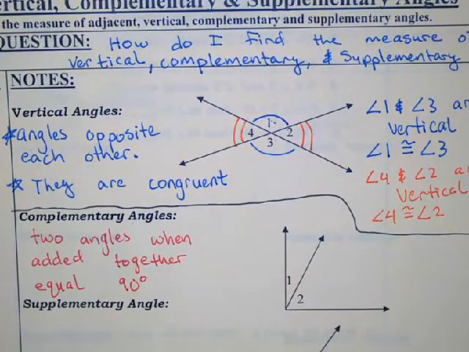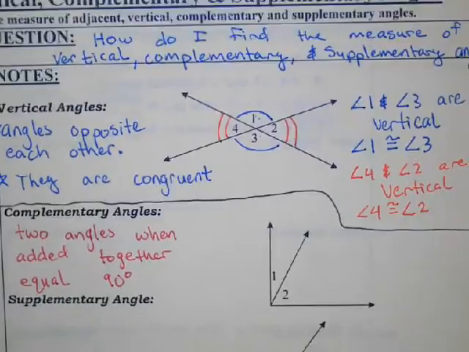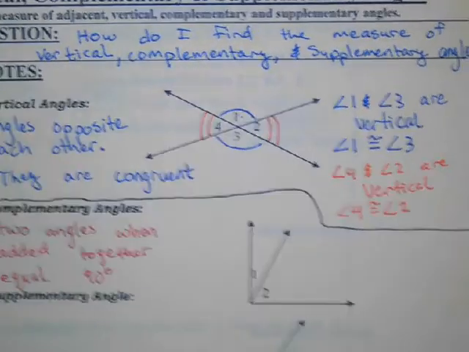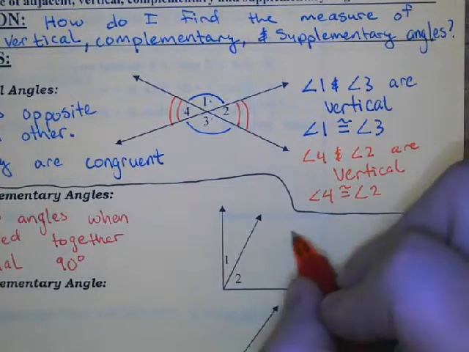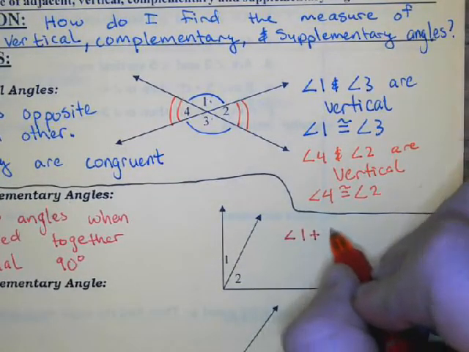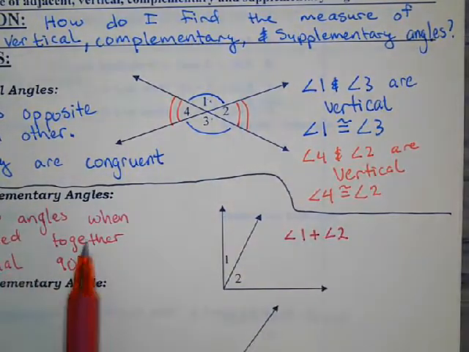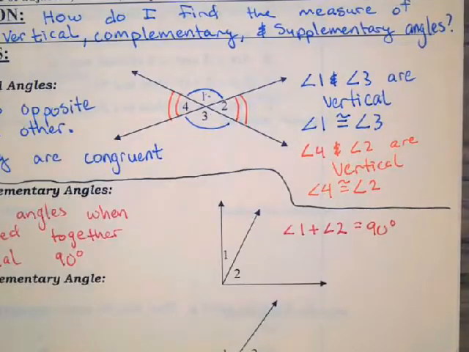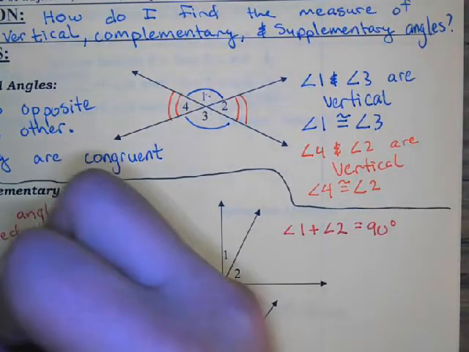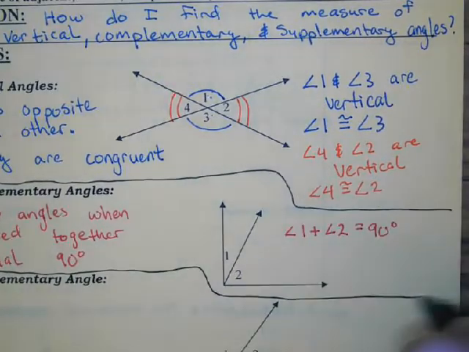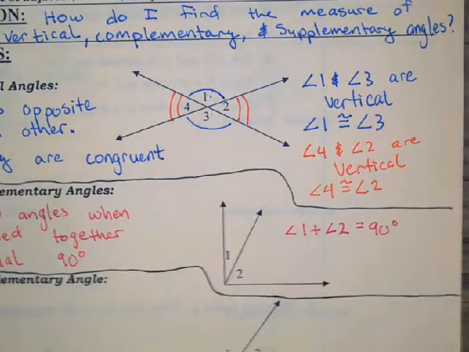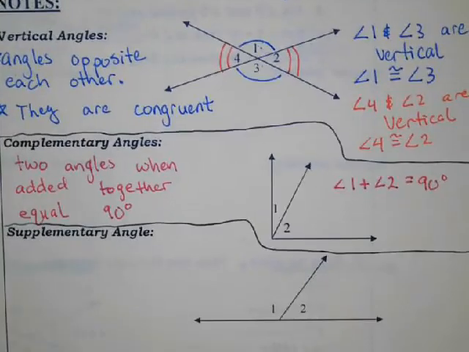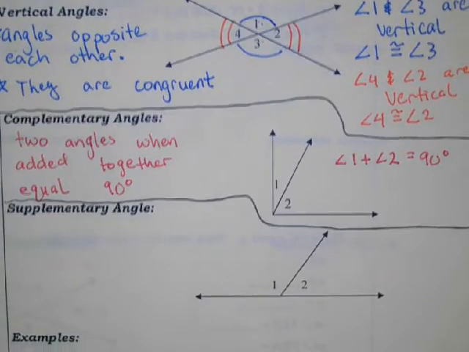So it's two angles, and when I add them together it equals 90 degrees. So for example, right here, if I took these two angles, I would say angle 1 plus angle 2. So I'm adding them together and it will equal 90 degrees. Okay, so that's complementary angles. Two angles when added together equal 90 degrees.